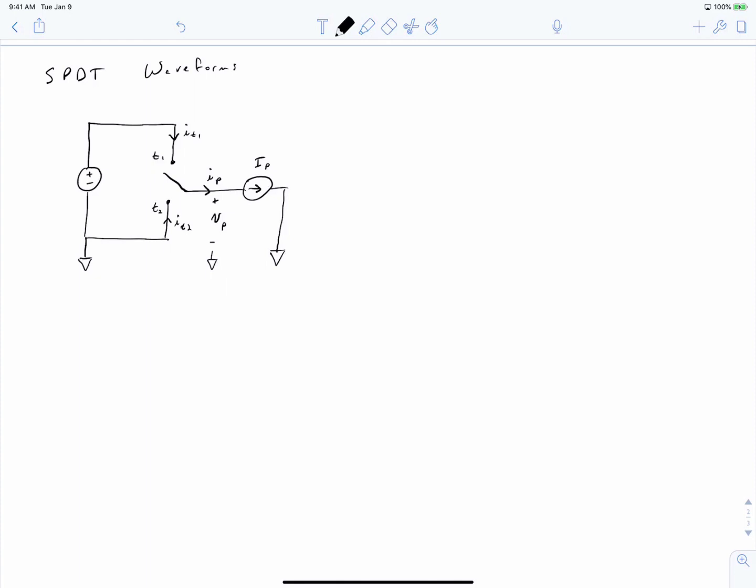The circuit that we've connected here consists of a stiff voltage source labeled as VT, just a DC source, and a DC output current labeled as IP, so a DC current of IP. And based on the switch position, whether the pole is connected to throw 1 or throw 2, you can see that the voltage at our pole is going to vary.